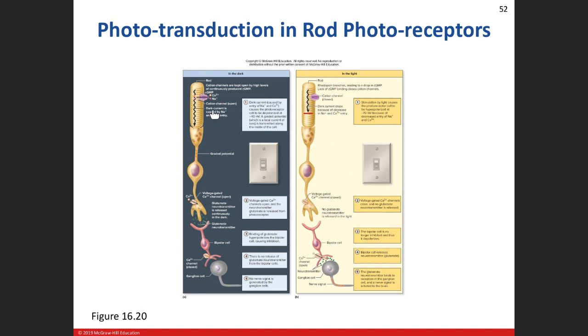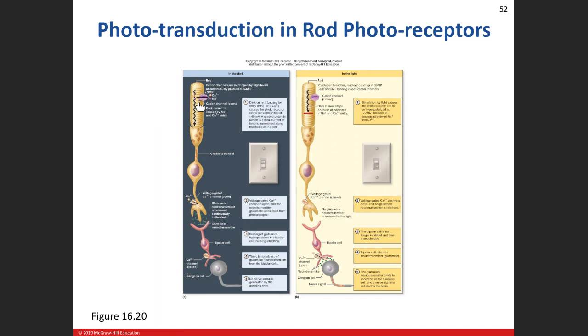So, our cyclic GMP is constantly stimulating the cation channels to open and allow the flow of calcium and sodium cations into the cell, causing it to depolarize.